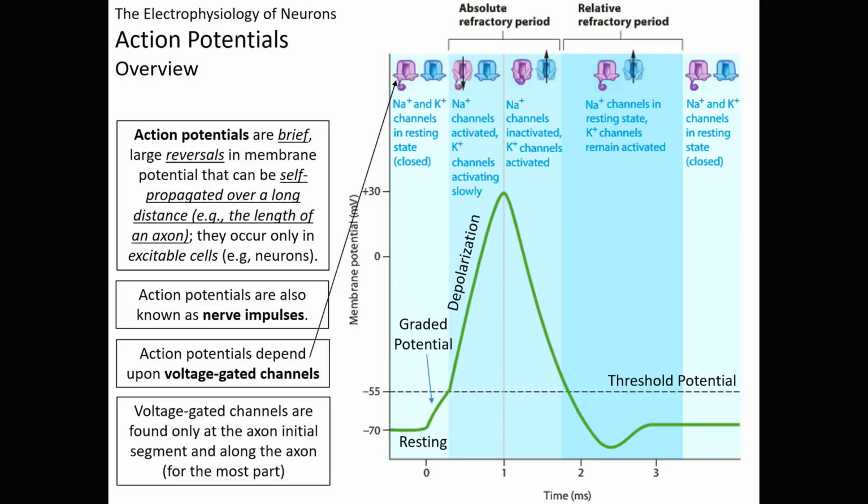And so we know, as we talked about last week, when you increase an ion's membrane permeability, the membrane potential starts moving towards that ion's equilibrium potential. Because sodium has a very positive equilibrium potential, when we activate these voltage-gated sodium channels very quickly in response to that threshold stimulus, we see this quite rapid depolarization, this quite rapid change in membrane potential as it moves towards the very positive equilibrium potential value for sodium.